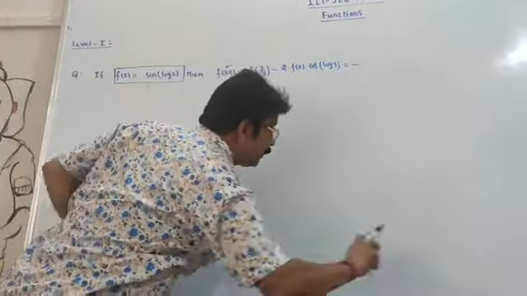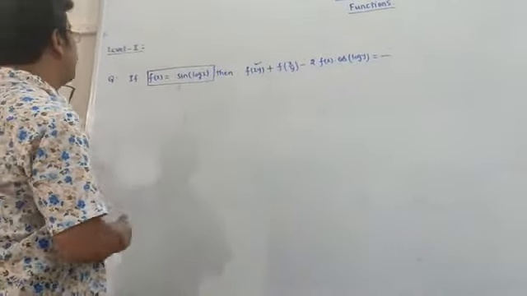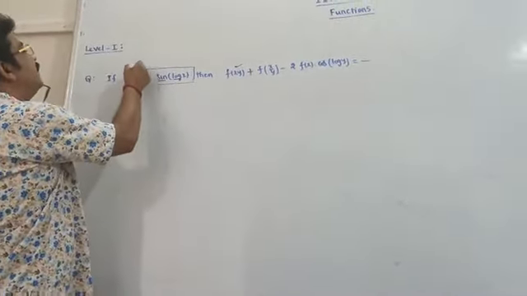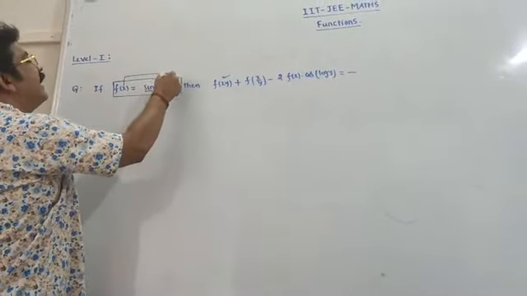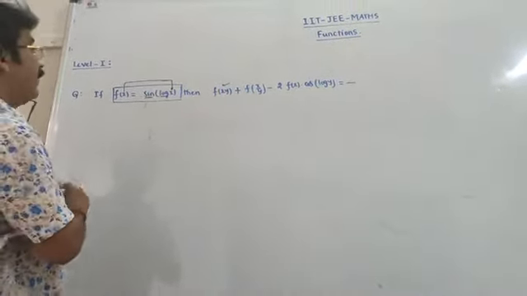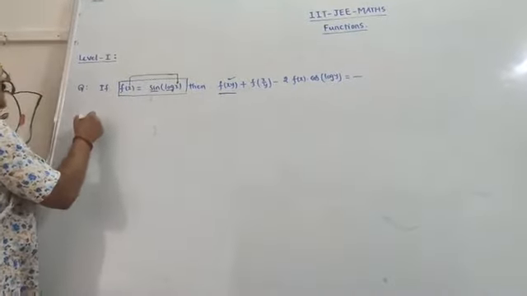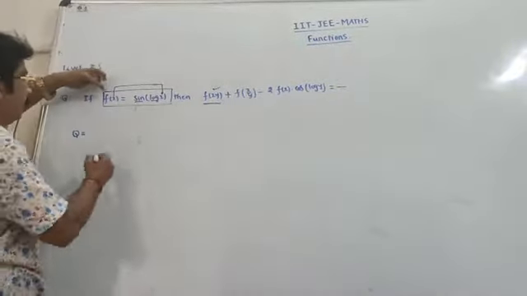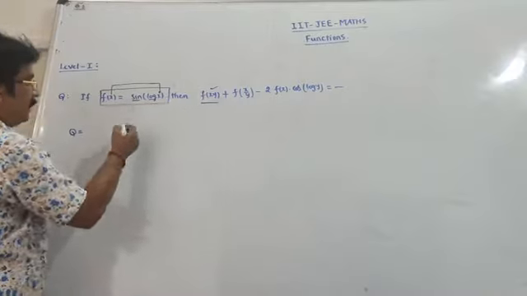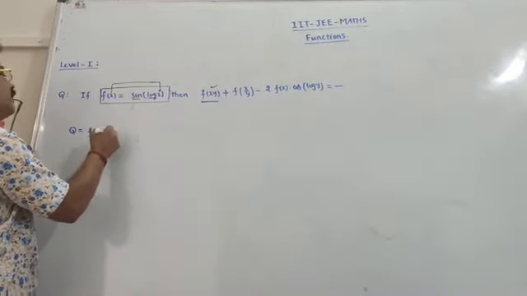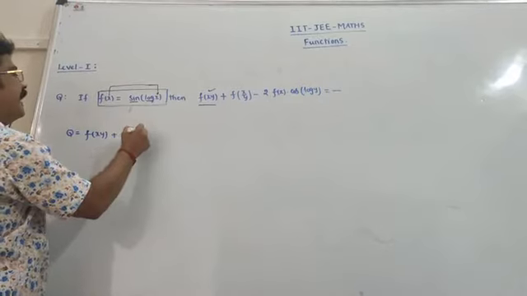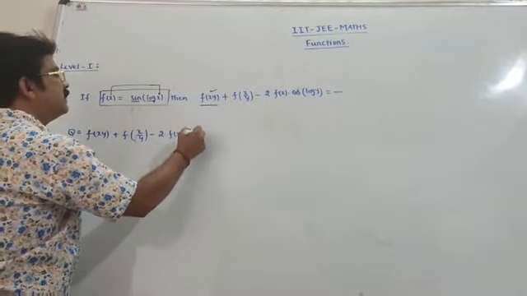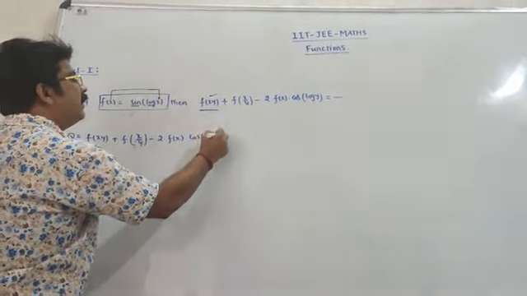f of x equal to sine of log x. Sine of log x means the sine structure is the same, with log structure inside. Instead of x, here x is there. So f of xy, the question is: f of xy plus f of x divided by y minus 2 into f of x into cos of log y.